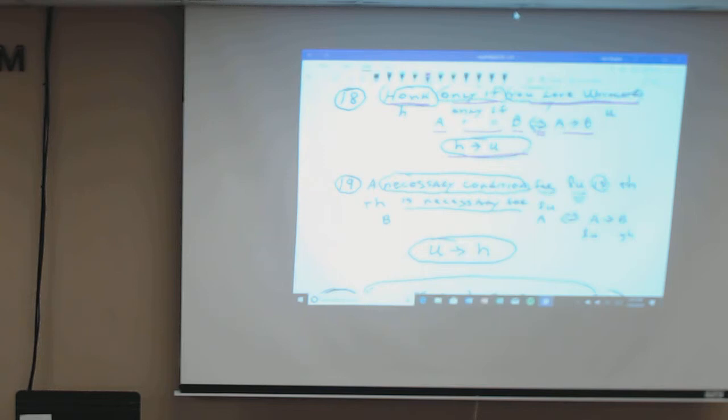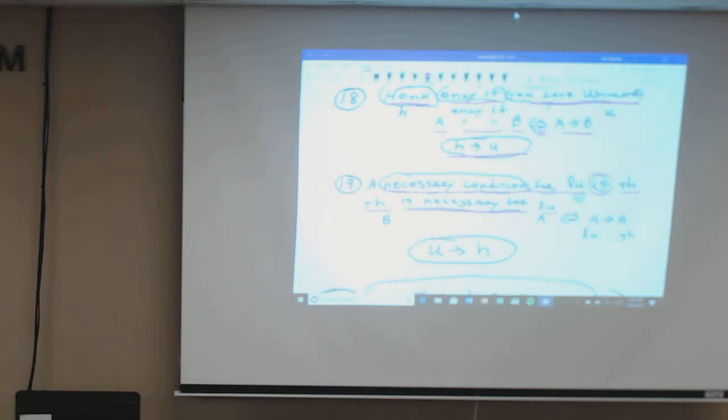Number 19. A necessary condition for loving ultimate is what? Honking. That you honk. You follow that? So if I put this in a form where I can mess with it logically, I have to say that honking is the necessary condition for loving ultimate. Everybody follow that?